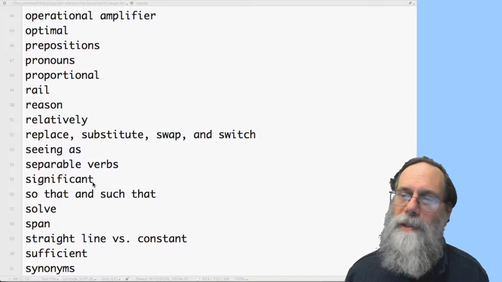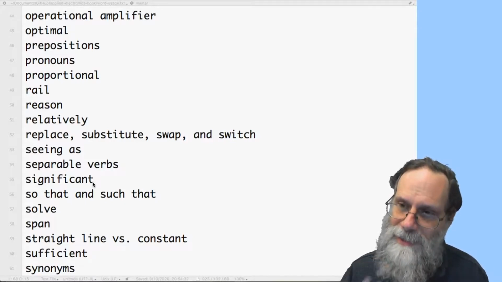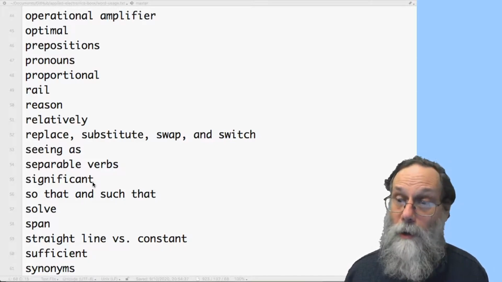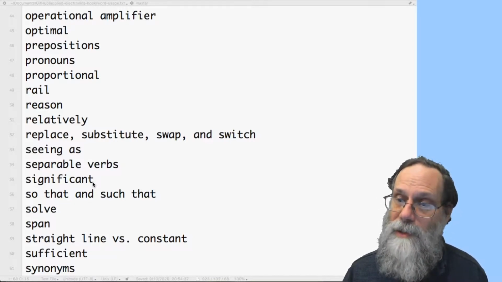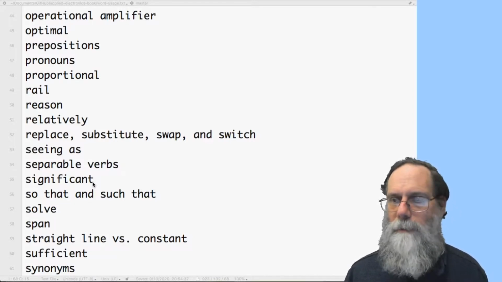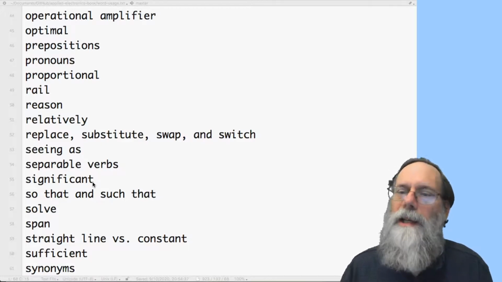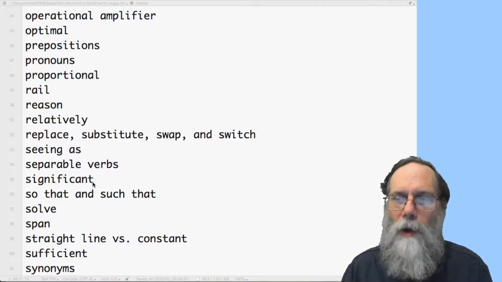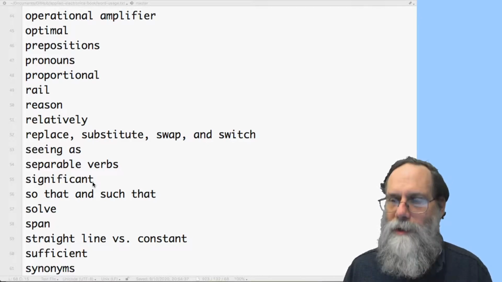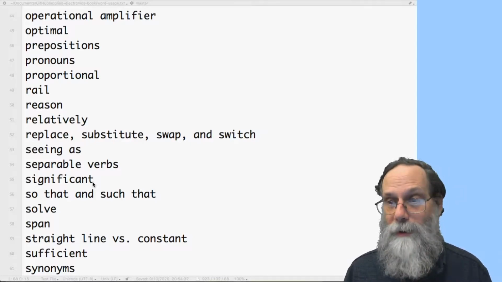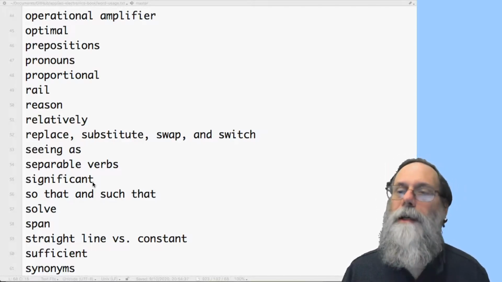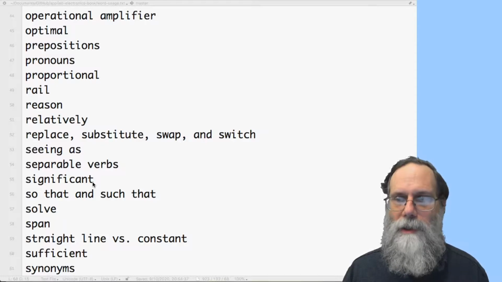If something is significant, I want to know what's the p-value. If you haven't got a statistical test, don't use the word significant. It's just become a special technical word that is only used for that purpose in technical writing. If you want to say something's big, say it's big. You want to say it's important, say it's important. But don't say it's significant unless you're talking about statistical significance.